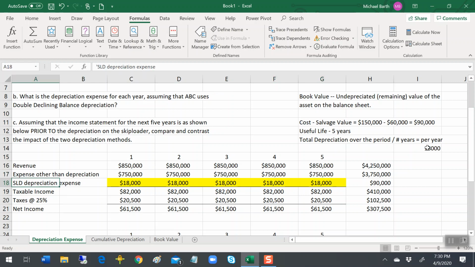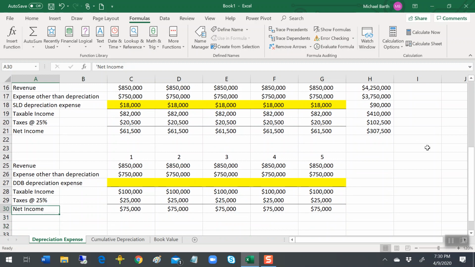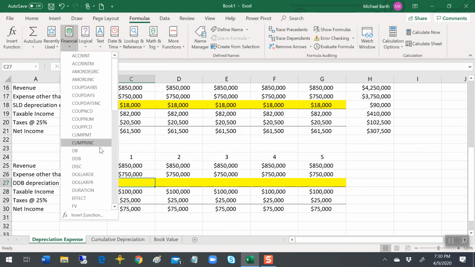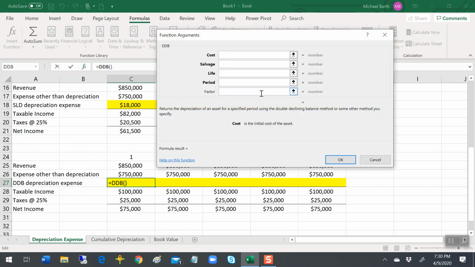All right, how about if we use an accelerated depreciation like double declining balance? Now, your book shows you how to do the calculation, but thank God for Excel, because Excel knows how to do it better. So if I go up here into the financial functions and look for DDB, for double declining balance, it asks me for the same cost, the same salvage value, the same life.